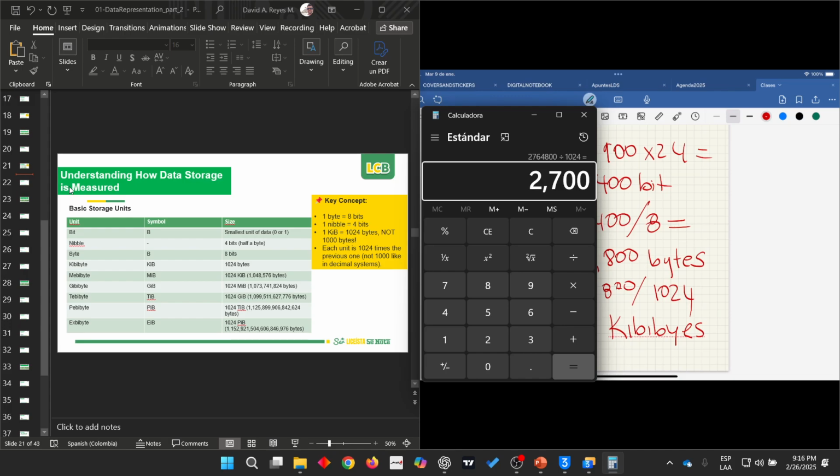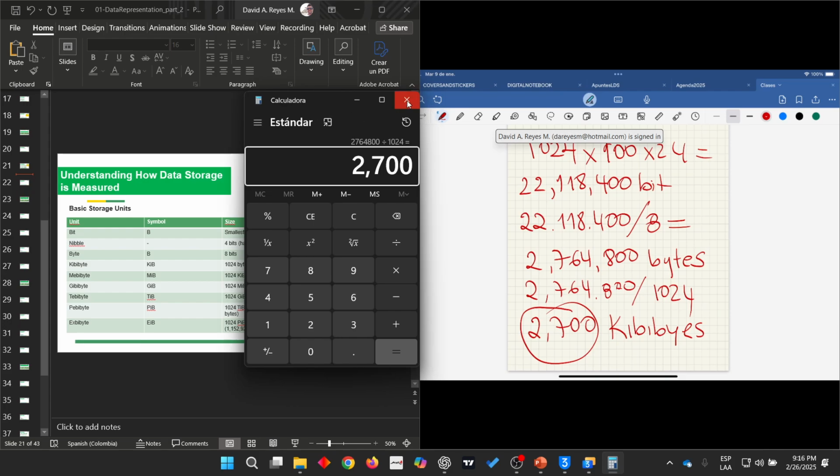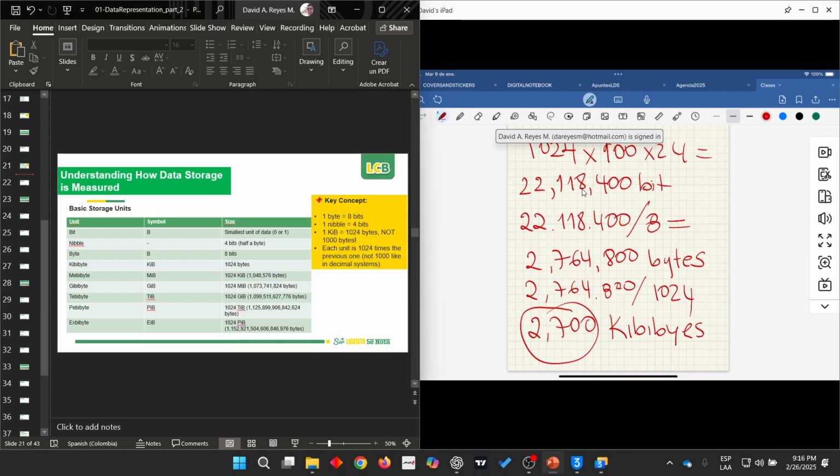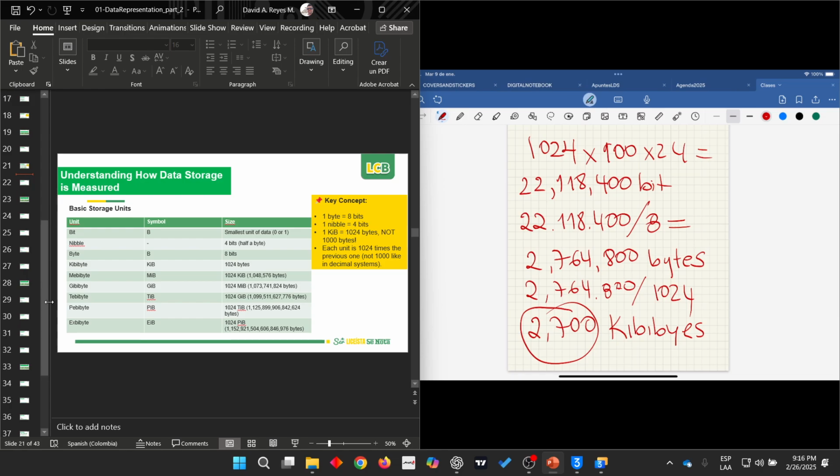If I want to convert these kilobytes into megabytes, I must take this number divided by 1024, and so on. Okay? So I hope this part of our conversions you can understand. So here I have the drawing and here you have the slide. So let's continue right now.